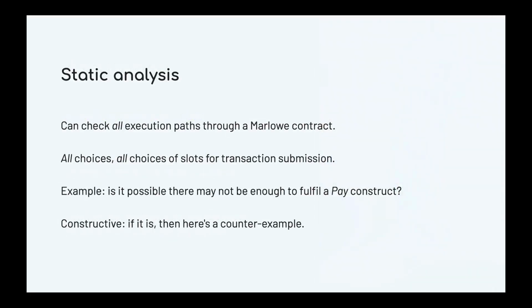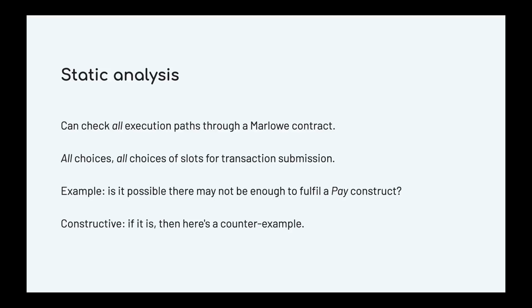What about static analysis? Well, what static analysis allows us to do is check all execution paths through a Marlowe contract, all choices of slots for a submission of a transaction. So every possible way in which the contract might be executed, we examine.